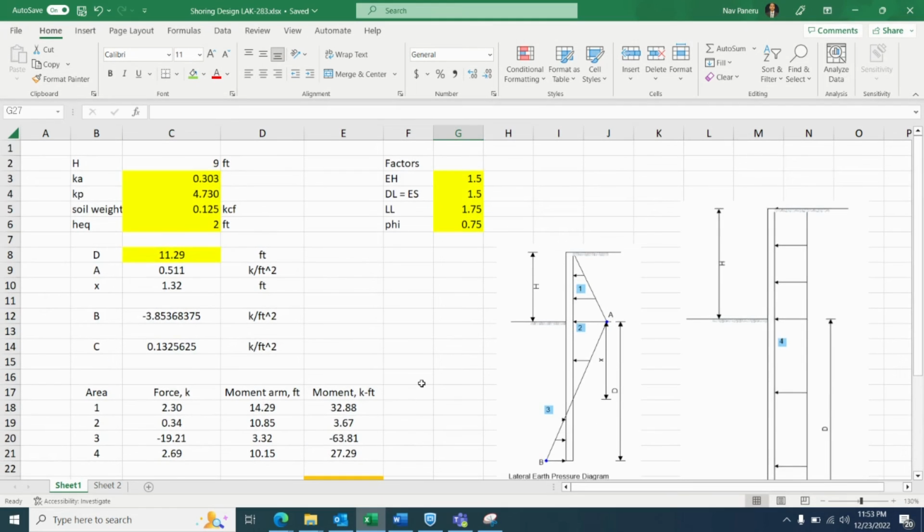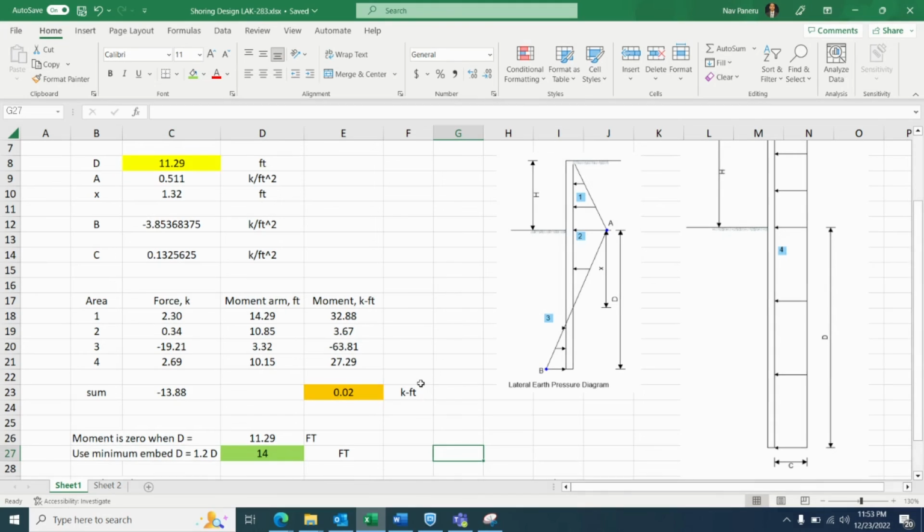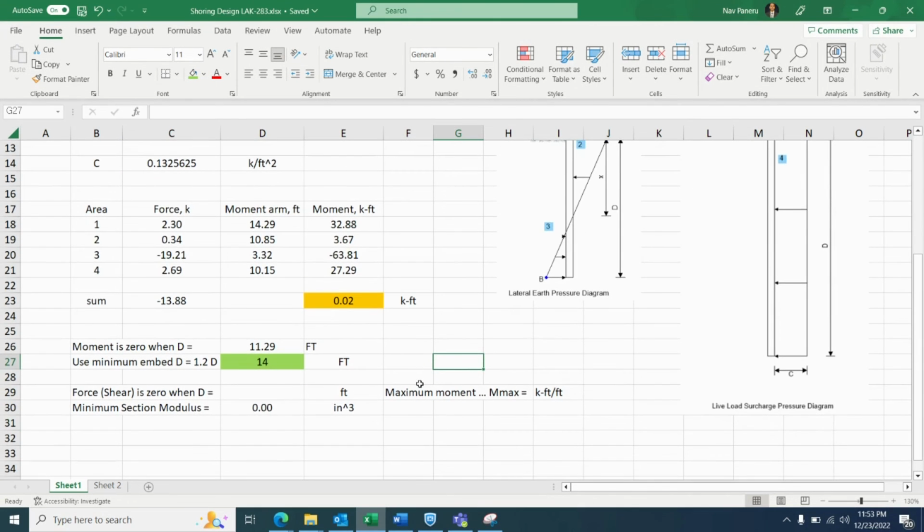But the other thing is, we are talking about embedding seat pile. But what kind of seat pile should we embed? I mean, what should be the cross section? So what we will do is we won't specify any particular type of seat pile, but we will rather give contractors the option that they can use any seat pile they want, but it should have a minimum section modulus.